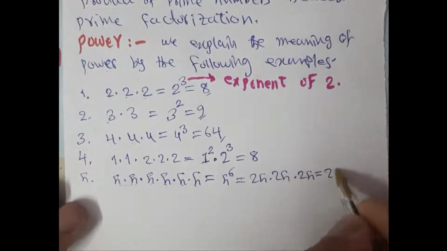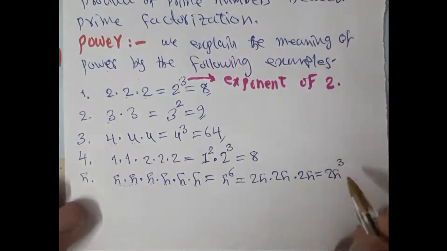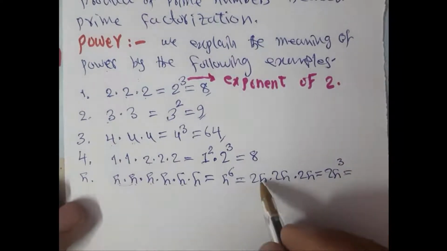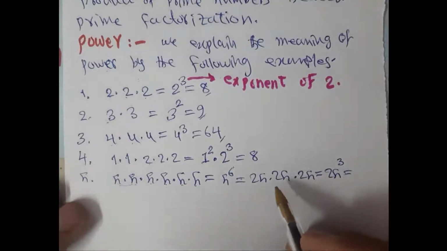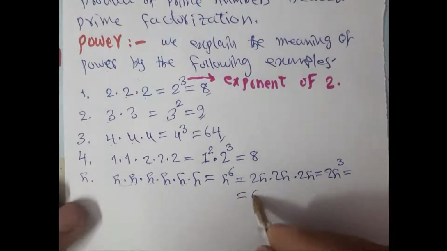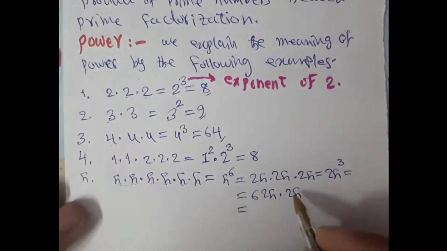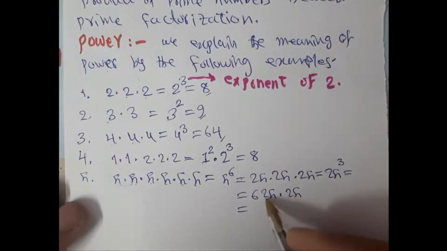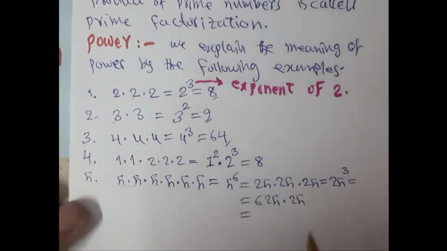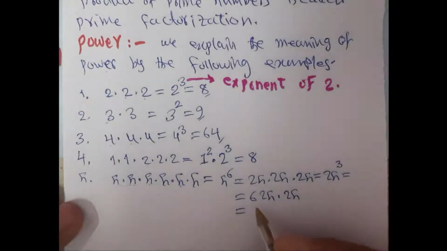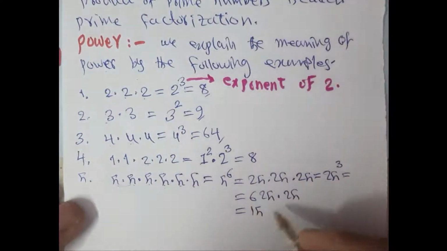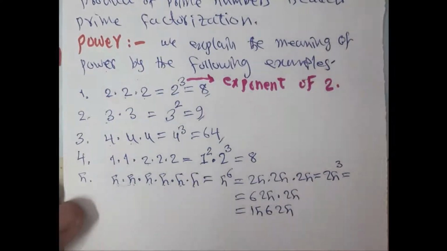Or we can write 25 power 3. It is equal to 25 into 25, which is 625, and 625 into 25 is 15,625. It is the result.